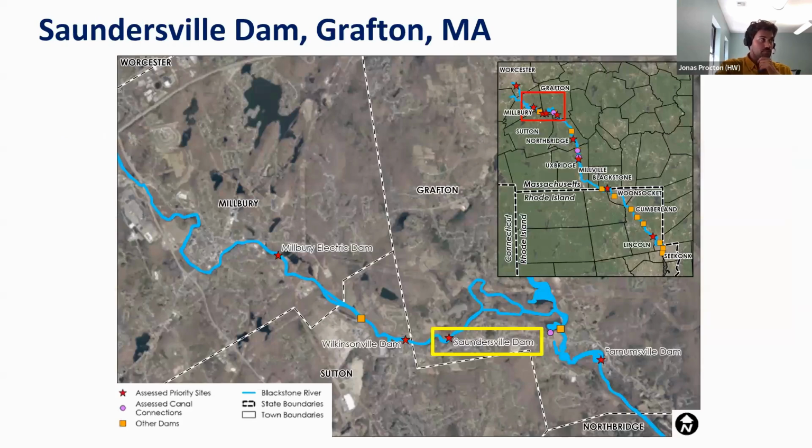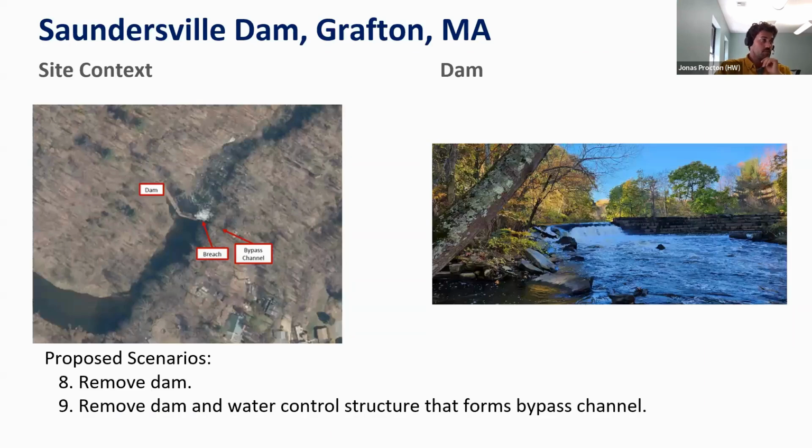The next downstream one is Saundersville Dam in Grafton. This one is an interesting one. It basically has a staircase, stair step type shape, and it's already partially breached. This photo is looking downstream from this bank towards the upstream.